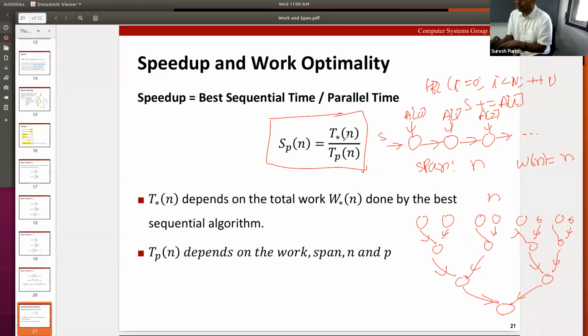Usually, 10 years back, when GPUs were becoming very popular, a lot of research was on how a particular algorithm performs super fast on GPU when compared with CPU.